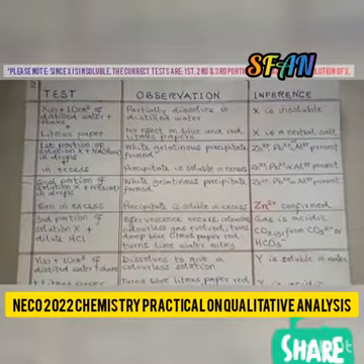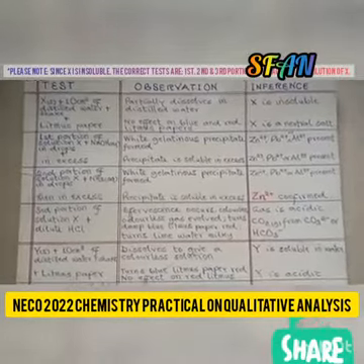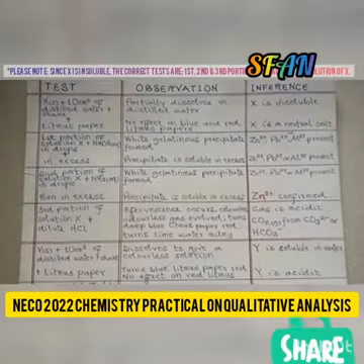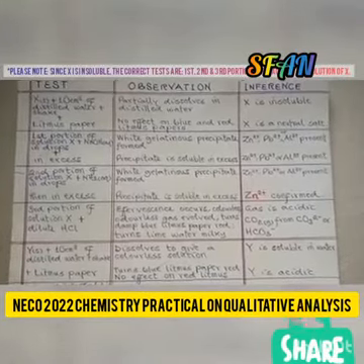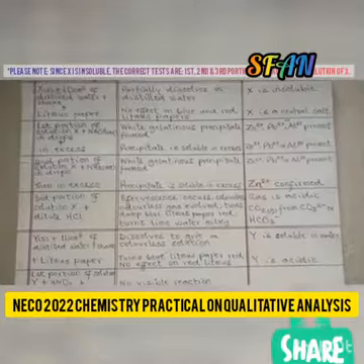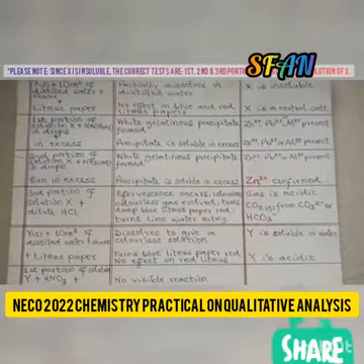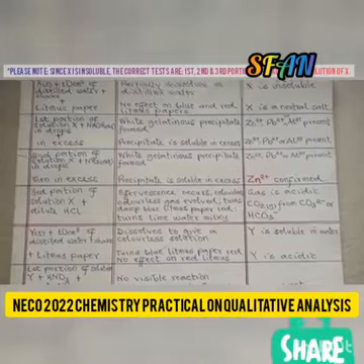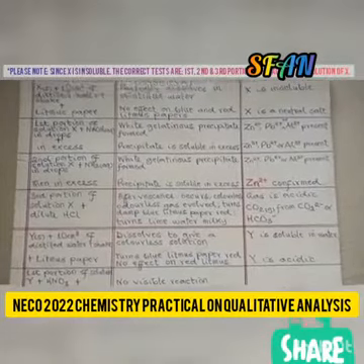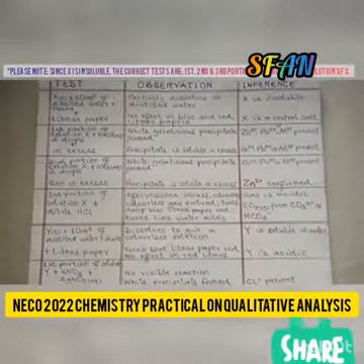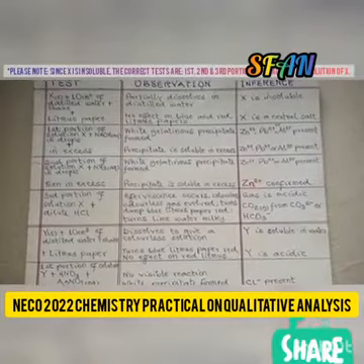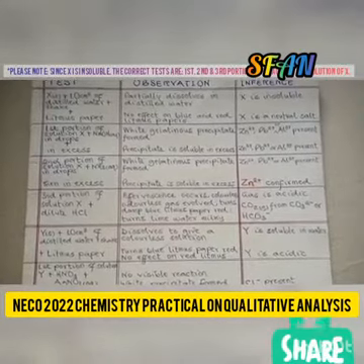Then to the first portion of solution X, we added aqueous sodium hydroxide in drops and then in excess. When we added in drops, we noticed that a white gelatinous precipitate is formed, and our inference is that Zn²⁺, Pb²⁺, or Al³⁺ is present.